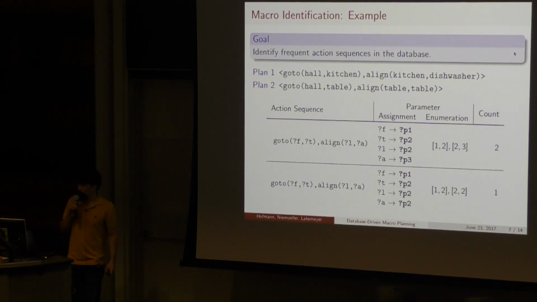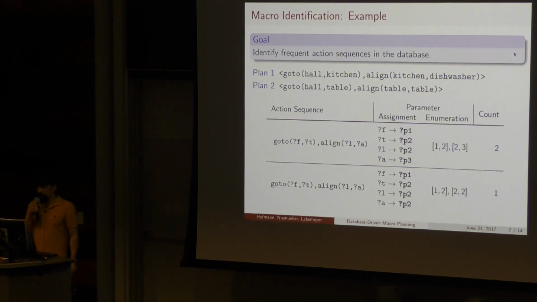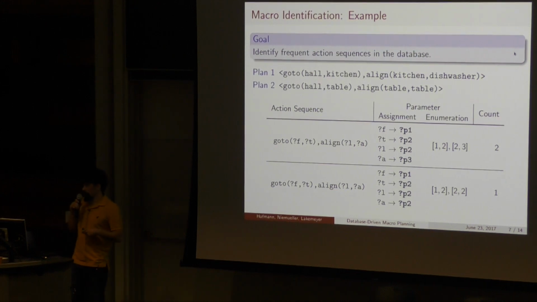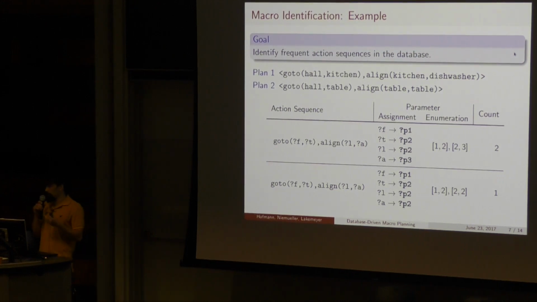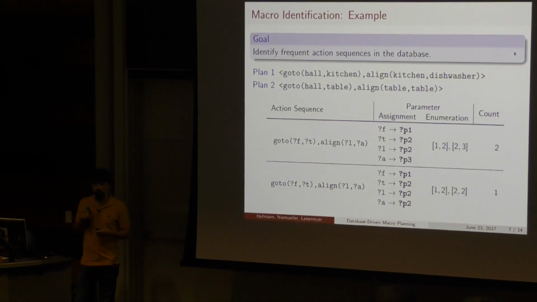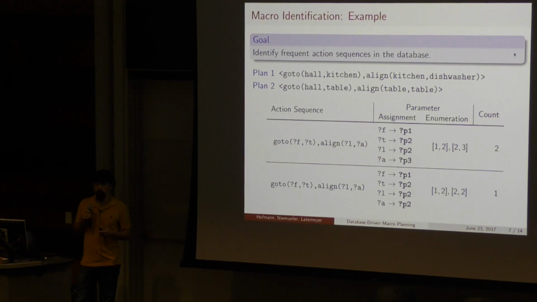Like costs? No. So for action costs, we could actually just sum the costs of the two actions in the sequence to get the cost of the overall macro. So that would be, I guess, feasible.